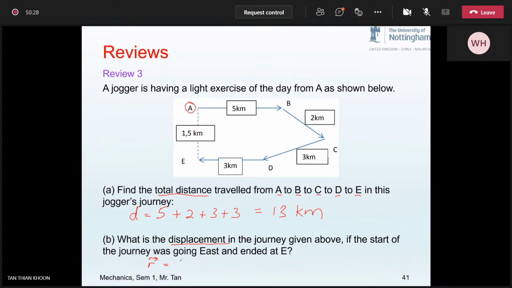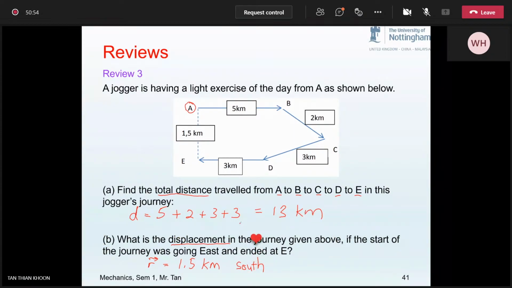Very good. If you just give me 1.5 kilometers, you get the wrong answer. Okay. Good. Very good.